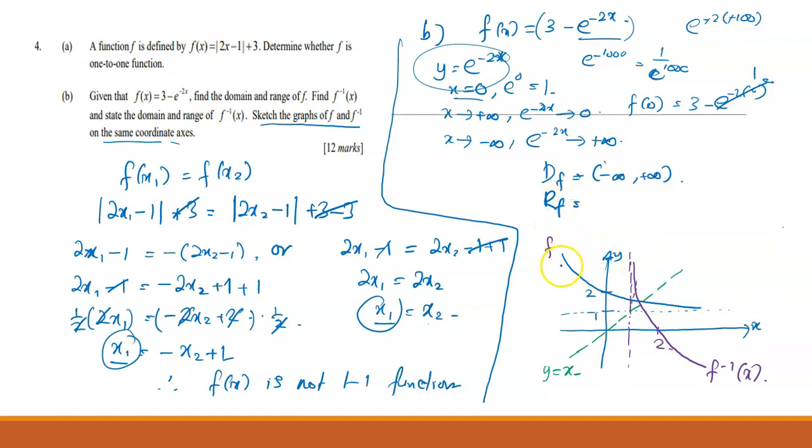And the range of f, which we refer to the value of y, where the value of we call this function approaching to the line of y equal to 1. So approaching to line of y equal to 1, and then the rest is of what we call positive infinity. So then it come up with 1 to positive infinity.